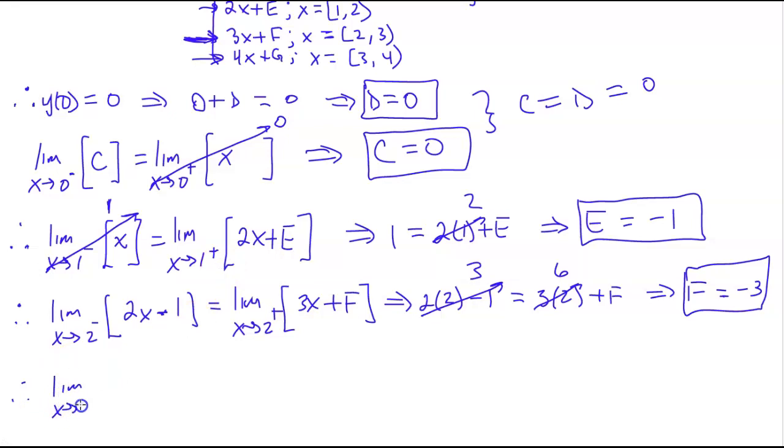So we have the limit as x approaches 3 from the left of 3x plus f, and f is -3, and the limit as x approaches 3 from the right of 4x plus g.